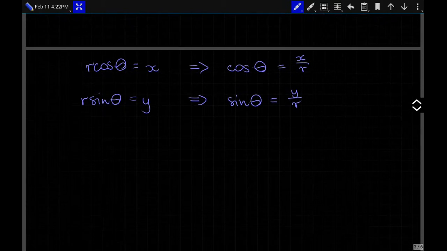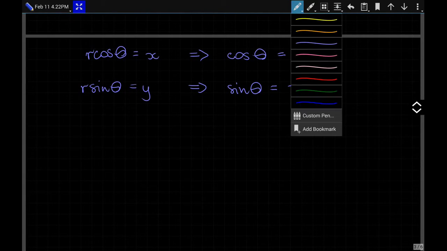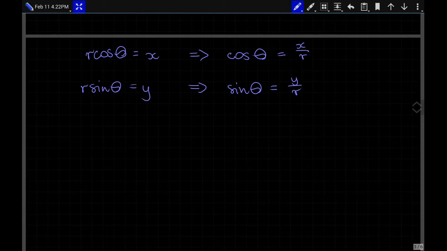Now, if we think of a tangent, that is a trigonometric function that uses both cosine and sine, so tangent theta is sine theta over cosine theta.